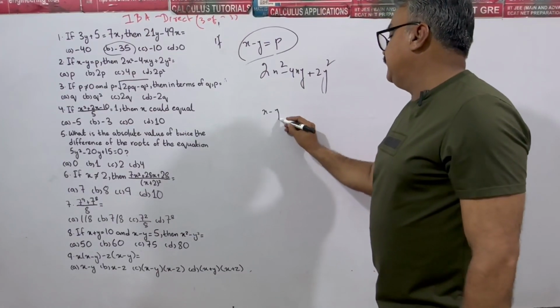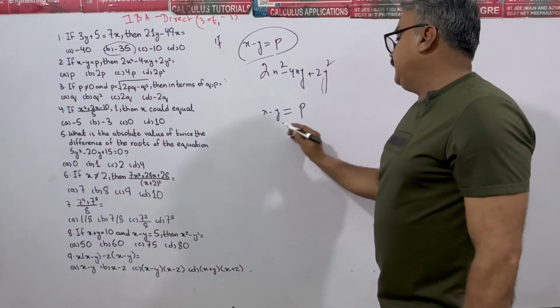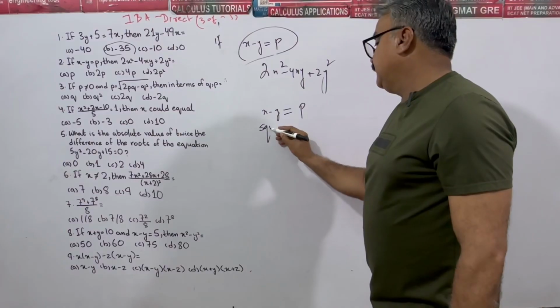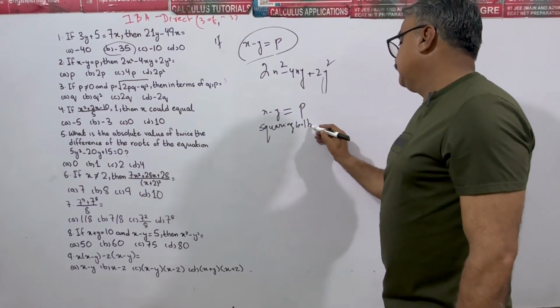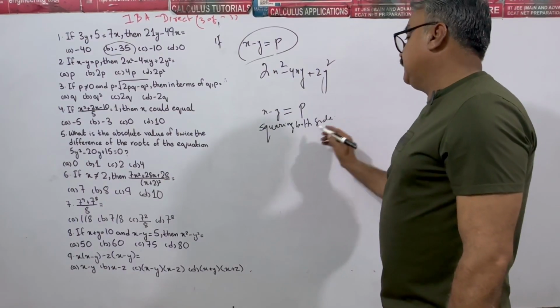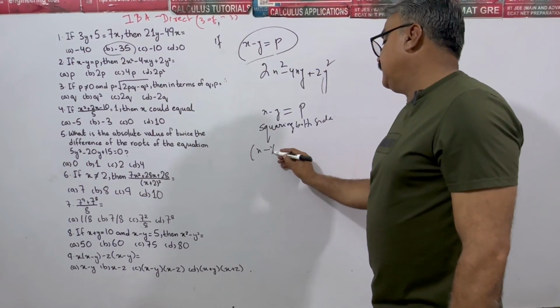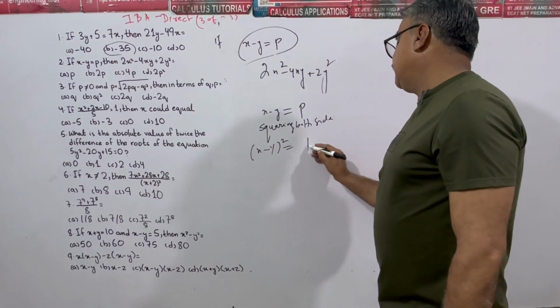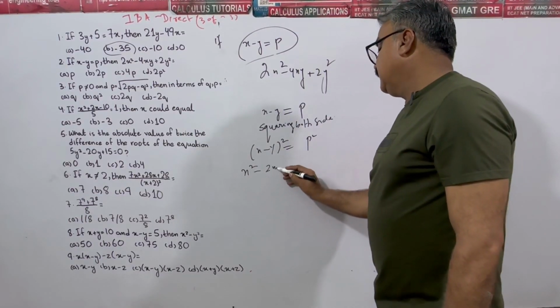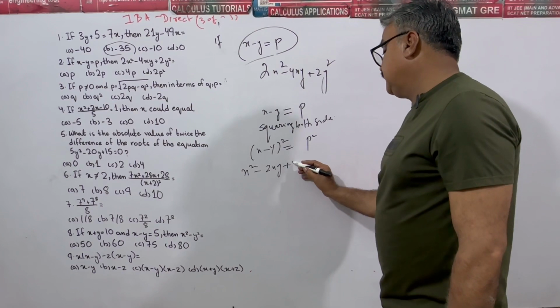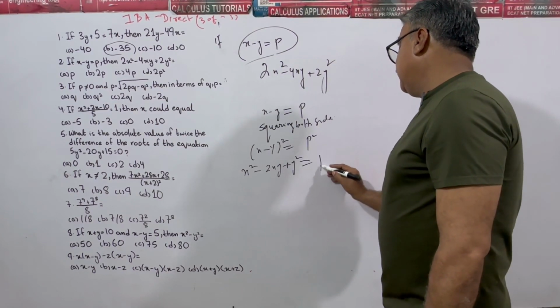Taking x minus y is equal to p, squaring both sides, we have x minus y whole square is equal to p square. Opening it up, it becomes x square minus 2xy plus y square is equal to p square.